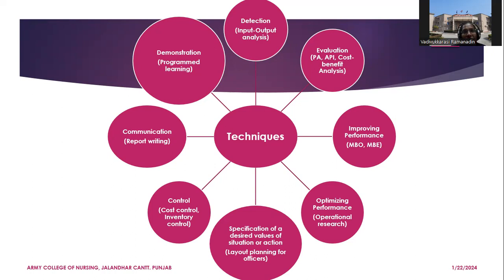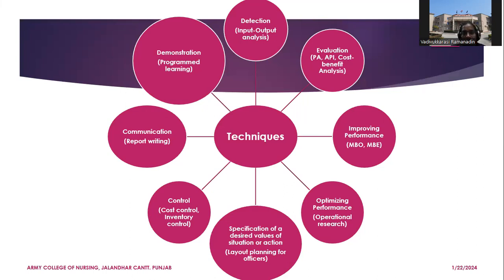So we changed the study room, arranged facilities like a library in their study room, made study timings mandatory, and kept it under supervision. So we were optimizing or facilitating the environment so that the children would do better. So in optimizing the performance, the technique which we are using is operational research.